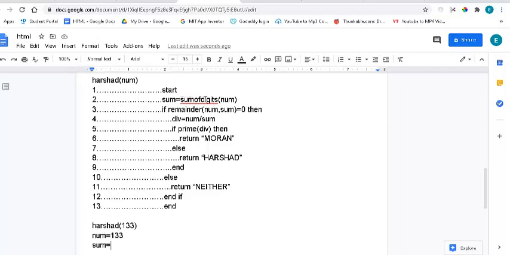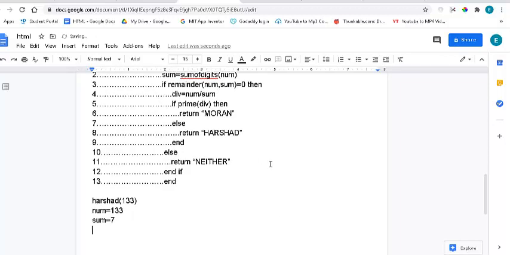We have already tested this one, so I don't need to go through the tracing of this one. So I'm just going to return 1 plus 3 is 4, plus 3 is 7. So sum becomes 7. Then I'm going to say, is 133 divisible by 7? Yes, 19. So it's divisible because the remainder is 0. So I can say that div is equal to 19 because 133 divided by 7 gives you 19.